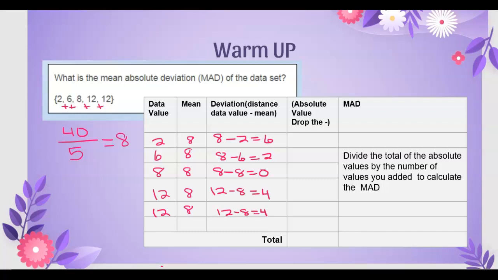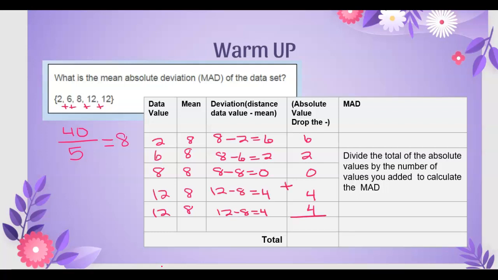The way that I set these subtraction problems up, I don't have any negative values, but I'm just going to go ahead and copy the distance each data point is away from the mean. I'm going to add those all together.